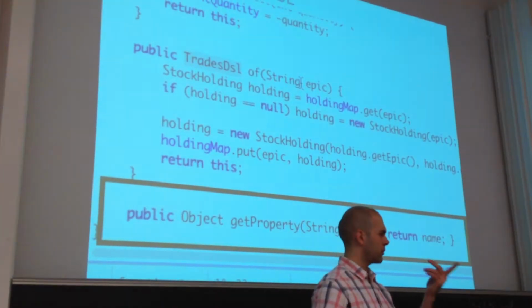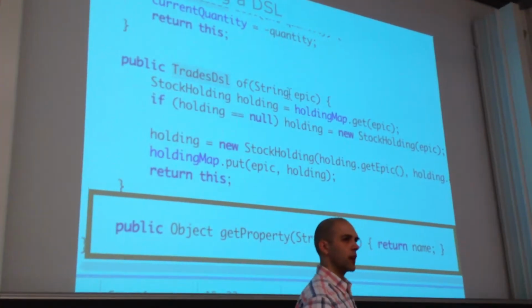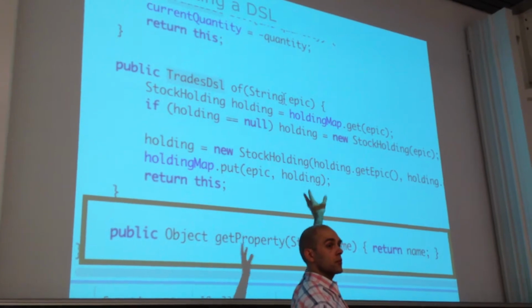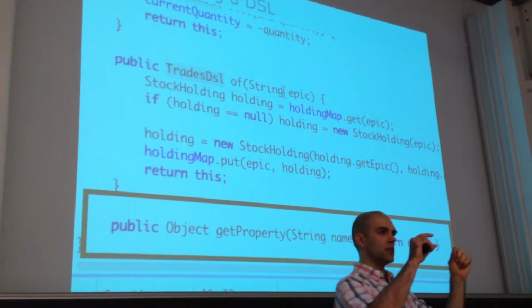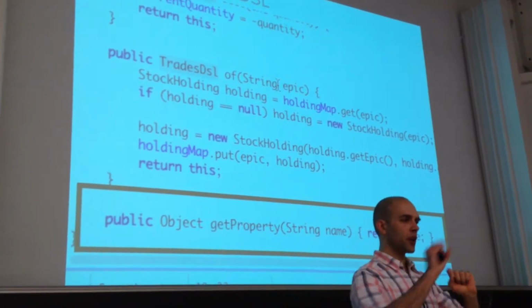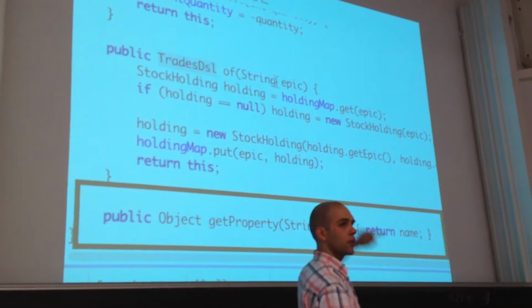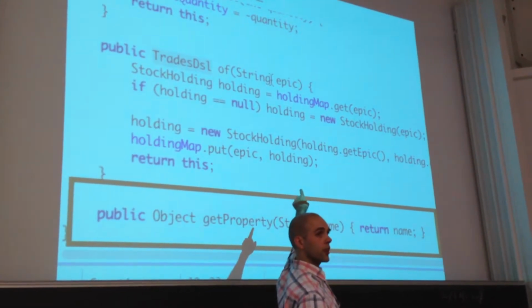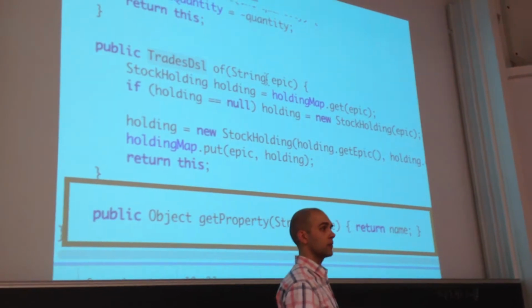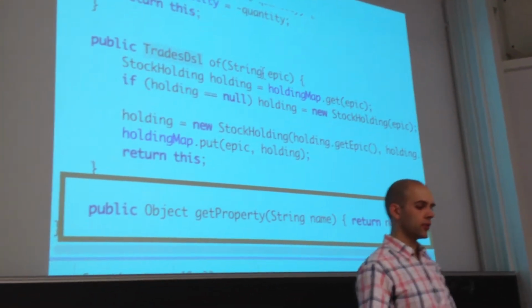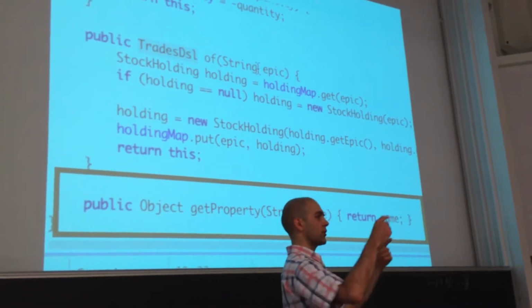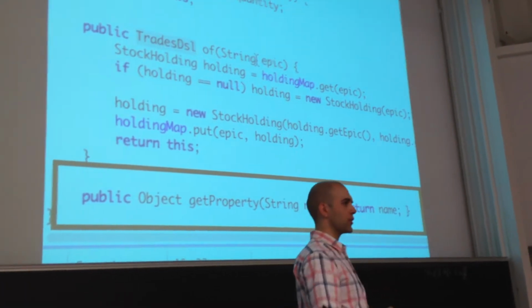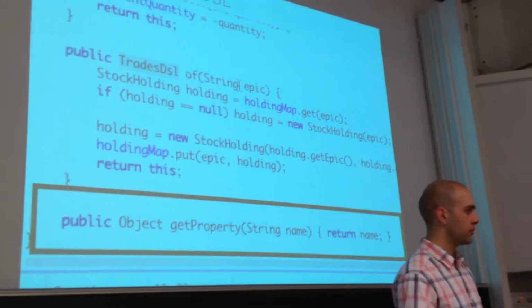So a bit like method_missing in Ruby, I think. So getProperty. Every time, so VMW, it says, that's a variable, but I can't find it. So what it does, calls TradesDSL and says, okay, what's this property? And so TradesDSL says, well, actually, it's just the name of the property as a string. So we return name.